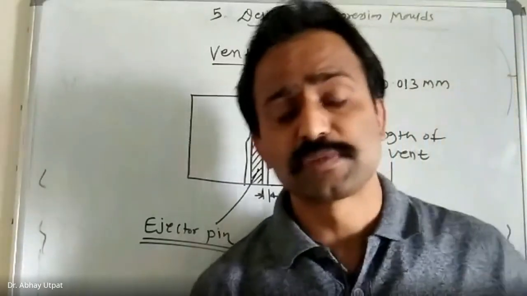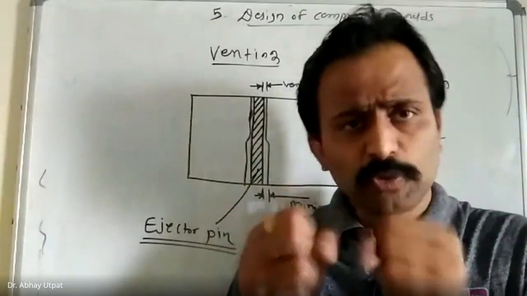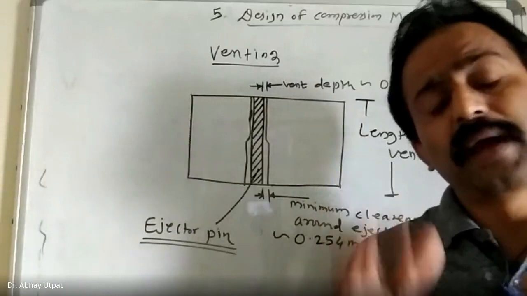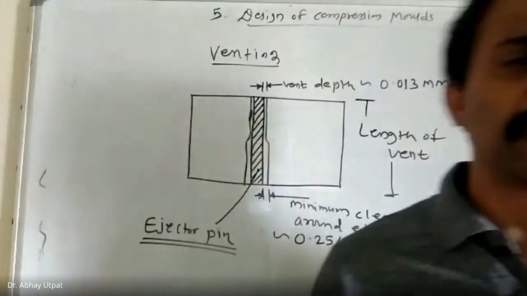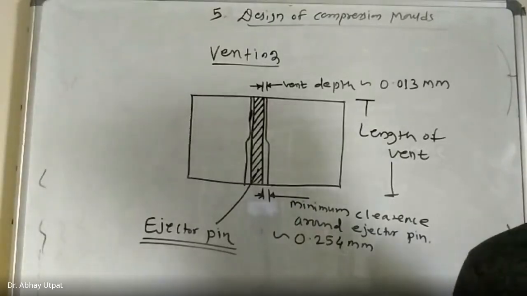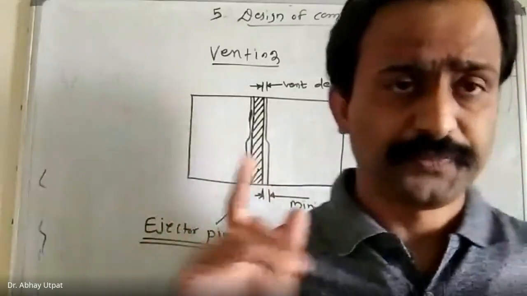If that distance is more, you will find overheating, because your thermocouple will not sense the temperature when it is far away, and by then overheating may be possible. Hence the optimum distance range is 1.25 inch to 1.5 inch. This is all about the important bits of the compression mold.